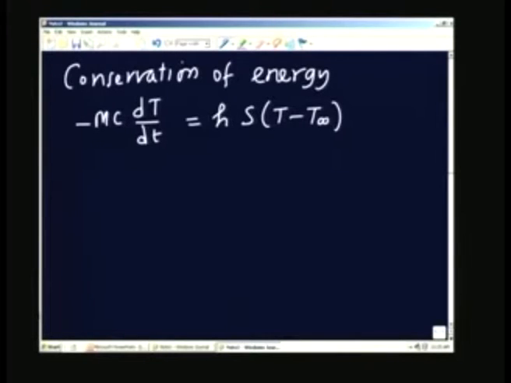This equation is valid whether T is greater than T infinity or T infinity is greater than T, because automatically the sign of dT/dt will change to accommodate these changes.